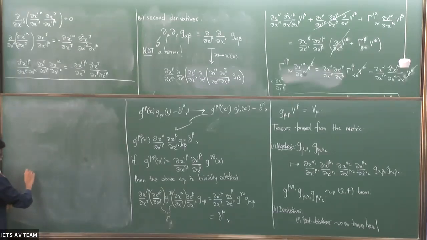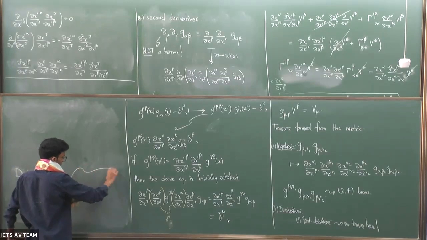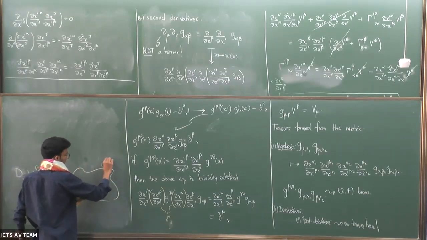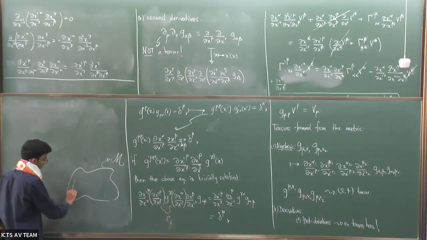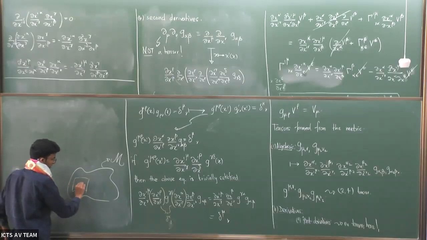let's take a vector, say V, and let me do a covariant derivative along one direction. Say the mu direction. So what does this mean? This means that on your manifold, say this is some manifold M, you're sitting in some patch and you've put some coordinates.